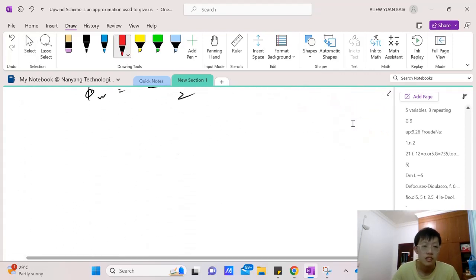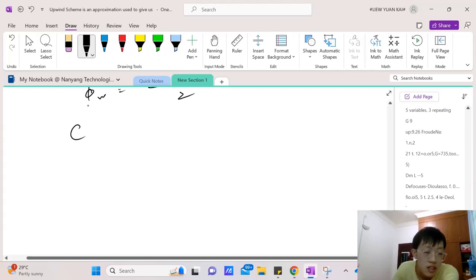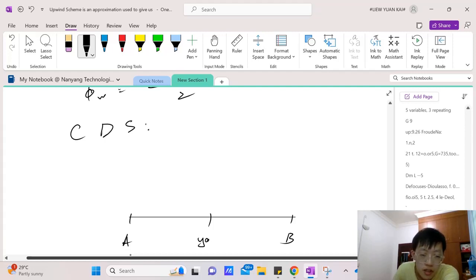Okay, so let's go back to the fart analogy, but now we don't think about the upwind scheme, we think about the central differencing scheme. So it's a central differencing scheme, but with a fart analogy. Let's take this person: this is person A, person B, and this is you.